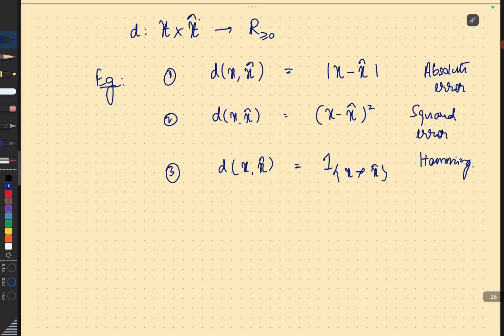So when you're defining a lossy compression problem, you also have to specify what distortion measure you will use. All right.